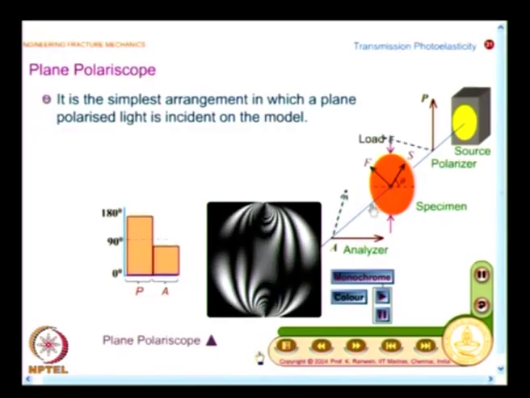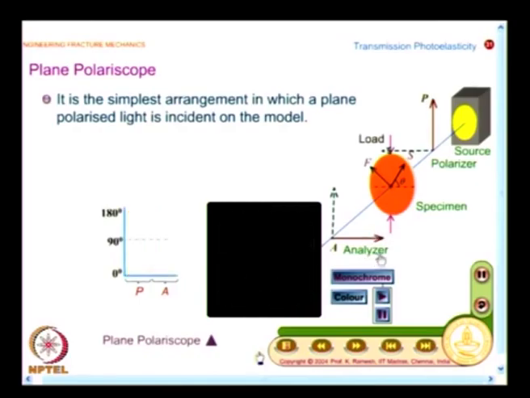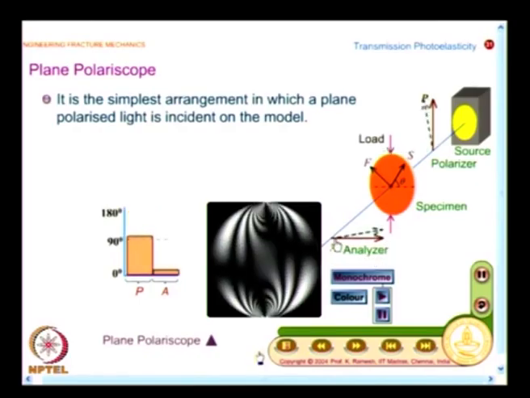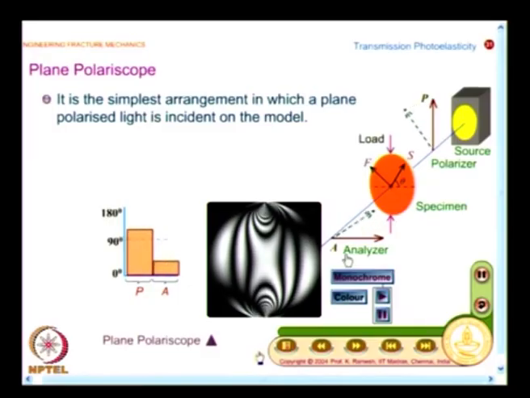Then whatever light comes out, you analyze it using the analyzer, and we found the light transmitted by the analyzer, which was a function of delta as well as theta. In this case, you had only simple optical elements, a polarizer, model and an analyzer, so trigonometric resolution was sufficient and convenient.